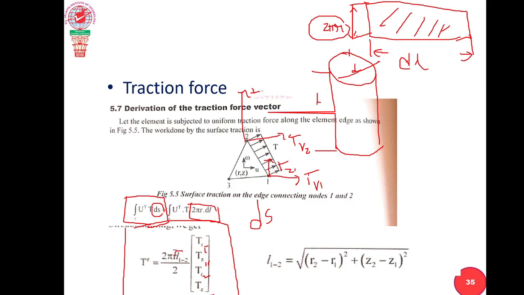Observe carefully: L is written with subscript 1-2. That means what length are we considering with respect to this element? Because the traction force acts between node 1 and 2 only. This edge. Is it clear?